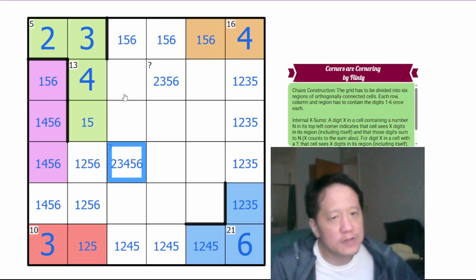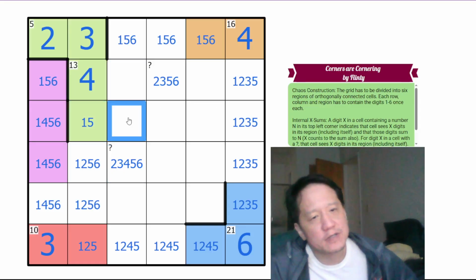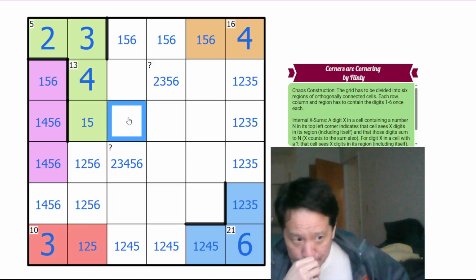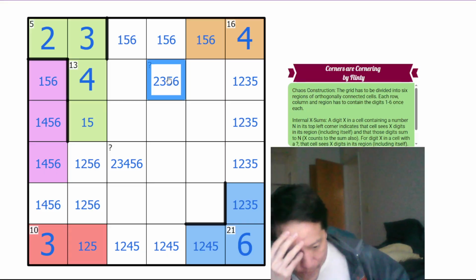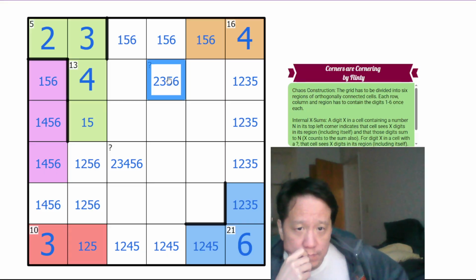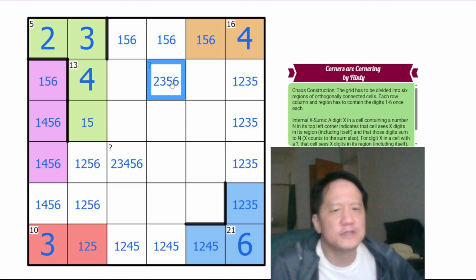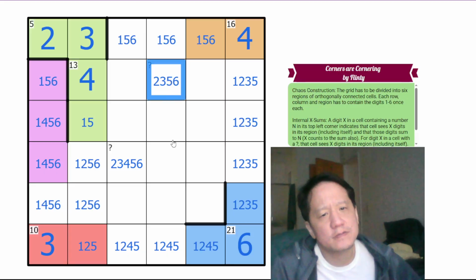If this is this way, then this would have to be 6 there. This is not part of green. I don't think this can ever be 6, right?